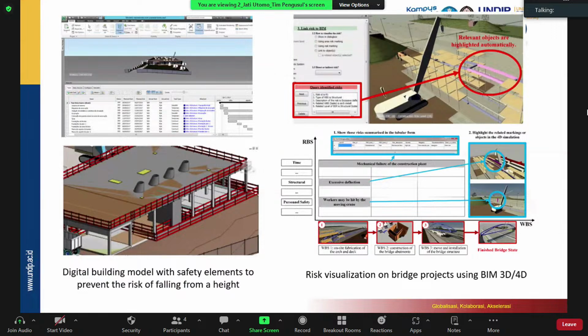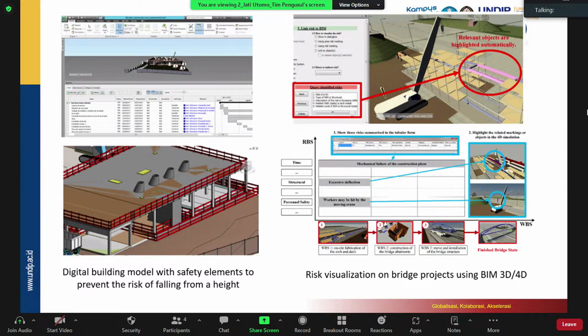This is another example of the use of BIM to visualize risk in a project, where we can see that elements of the building can be identified with the risks related to each element. For example, this is the risk related to falling from height.